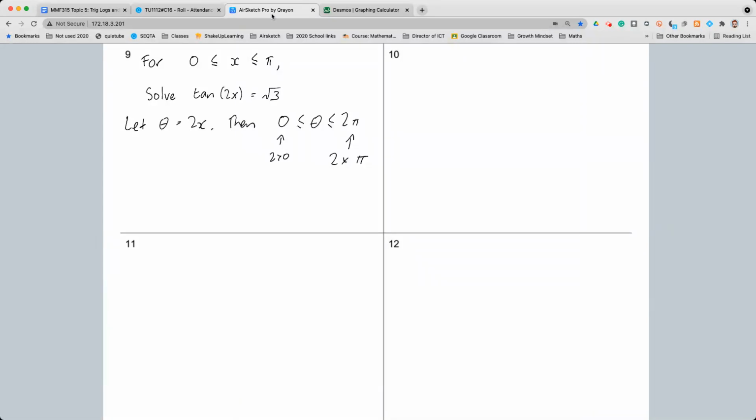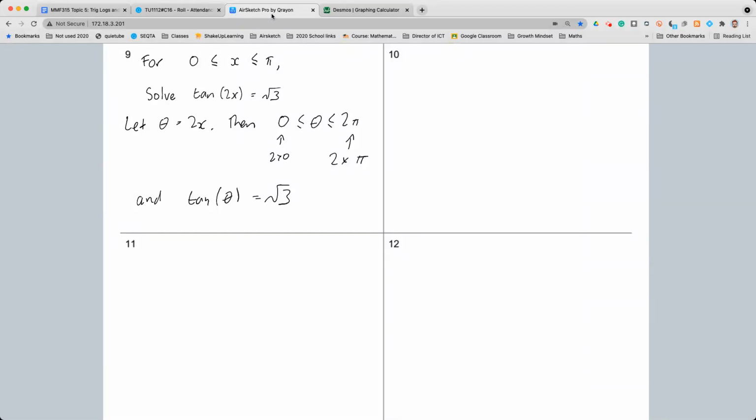So let theta equal 2x, then theta is between 0 and 2 pi, and we're solving for tan theta is equal to root 3. This is good news because now we've got a single value theta that we're looking at, between 0 and 2 pi. The rest of it's the same for a while, and then we come back and fix it back into x's to finish with.